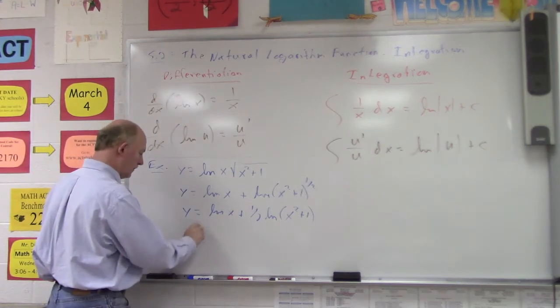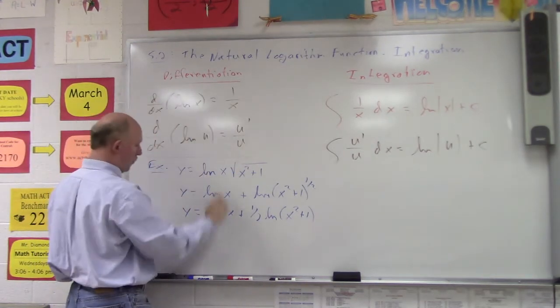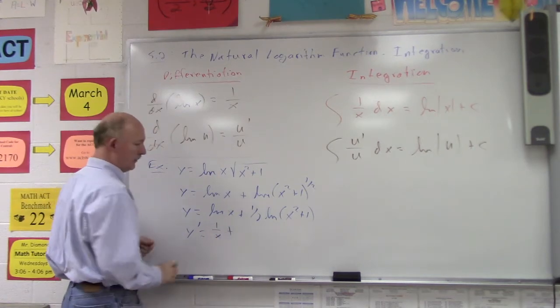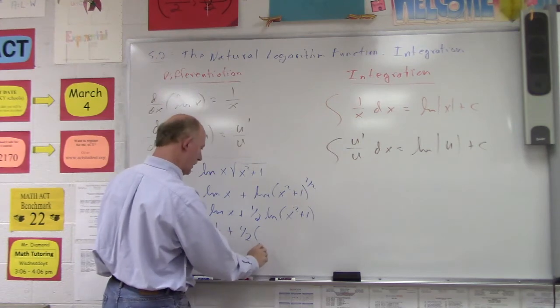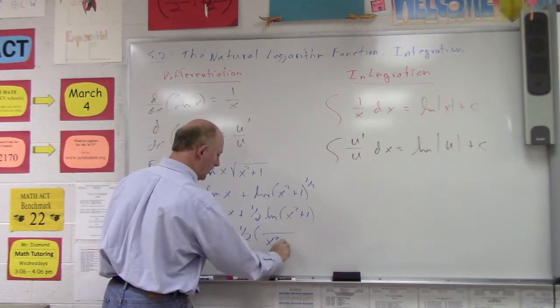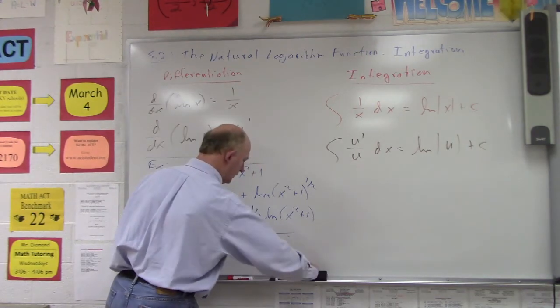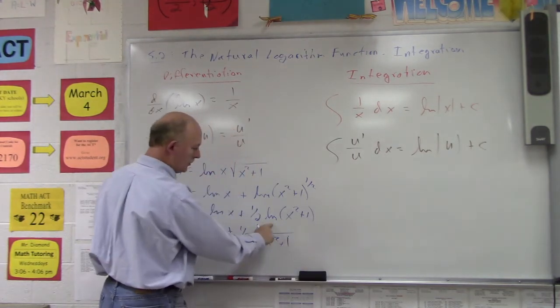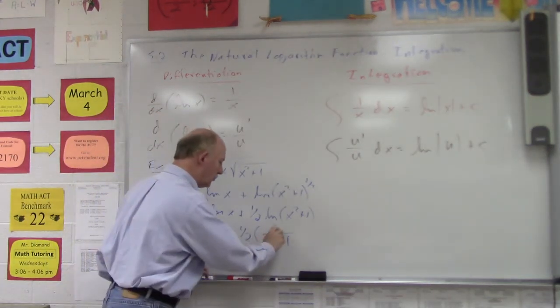As I take the derivative, y prime is equal to, the derivative of natural log x is 1 over x, plus 1/2 times a fraction with x squared plus 1 on the bottom. The top of your fraction is the derivative of the denominator, so the derivative of x squared plus 1 is 2x.